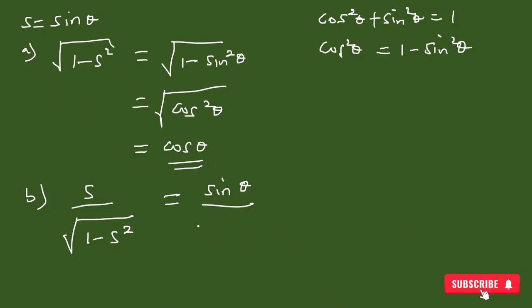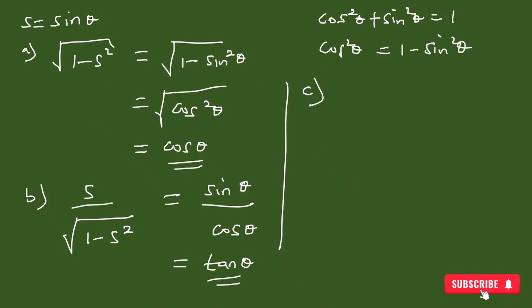I'll just substitute. So you see that the denominator is equal to cos theta. If we had not gotten this, we would go through the same procedures to get what the denominator would be. So this is equal to sine theta over cos theta. It's simpler to write it as tan theta.